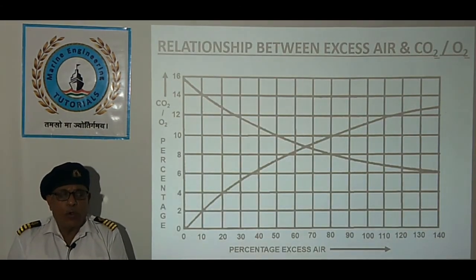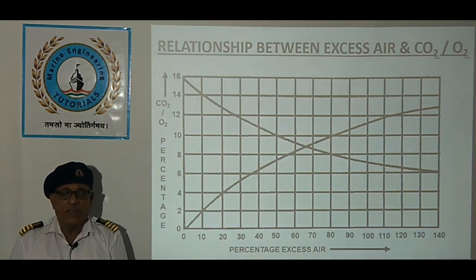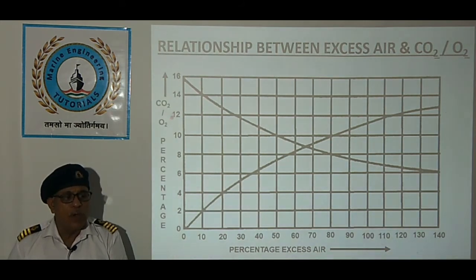This graph is drawn for percentage of carbon dioxide and oxygen on the ordinate with excess air on the abscissa.